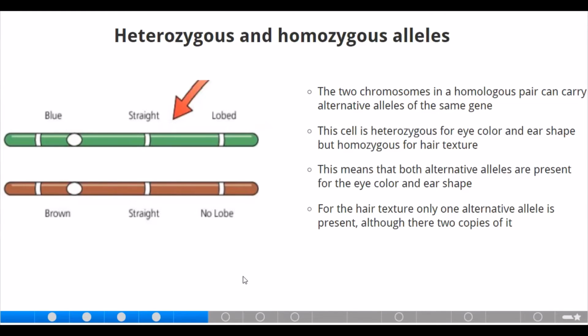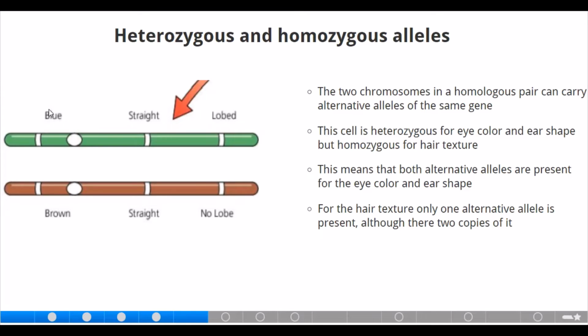Heterozygous and homozygous alleles. The two chromosomes in a homologous pair can carry alternative alleles of the same gene. This cell is heterozygous for eye color. This particular homologous pair is heterozygous for eye color and ear shape, but homozygous for hair texture.